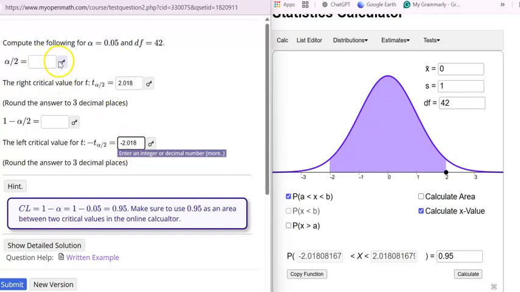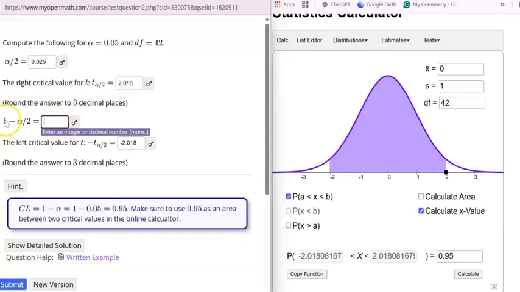But notice that alpha over 2 here is basically, you divide alpha by 2, you get alpha over 2 going to be 0.025, and the other one, you subtract 1 minus alpha over 2, is going to be 0.975. Okay, that's how you do it.